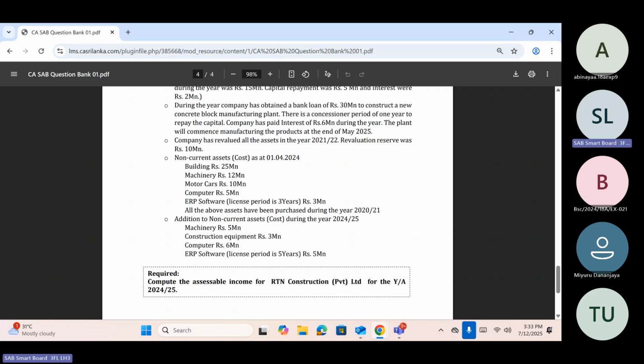Correct? Correct. So then taxable income from business, and we'll work out the cash computation. It's RTN.